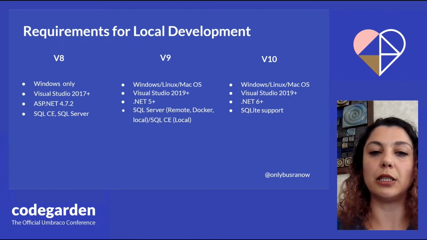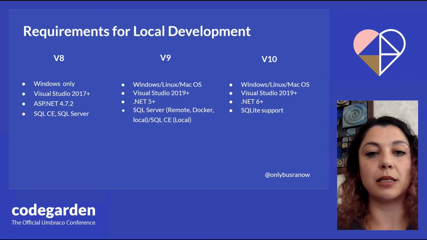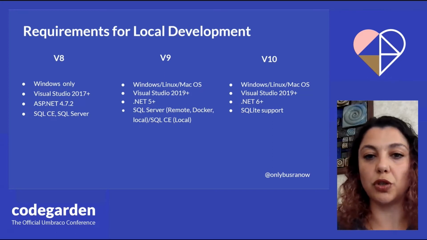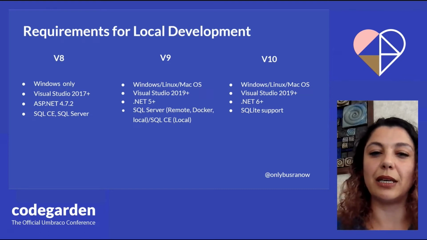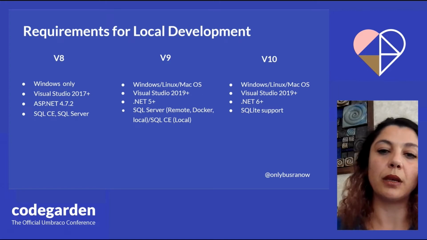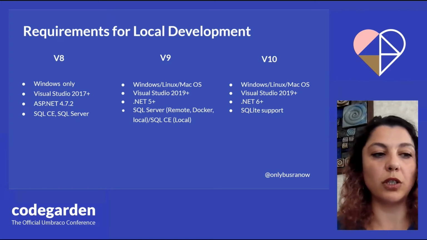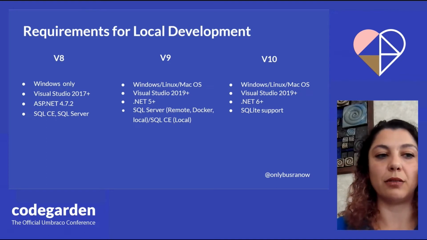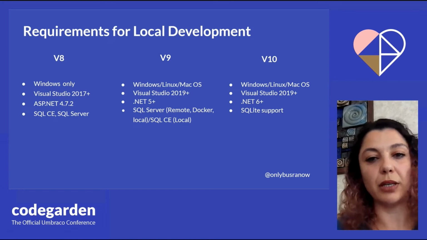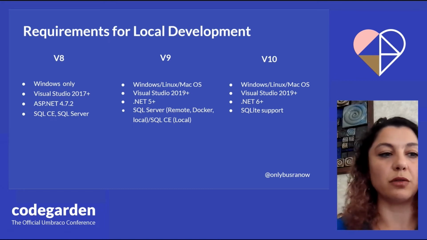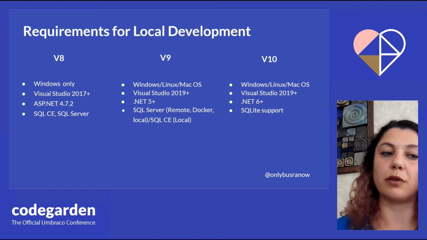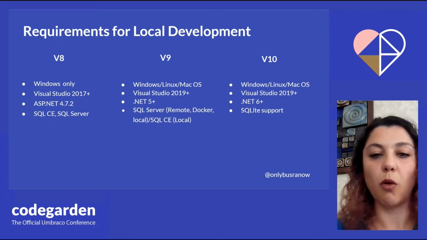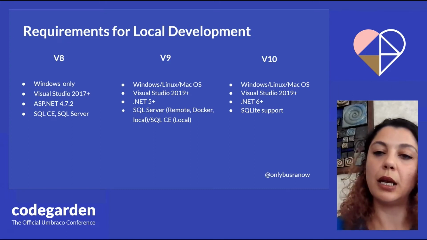With version 9, you can run your project on Windows, Linux, and macOS. You need Visual Studio 2019 and plus. You need the .NET 5 SDK. And you need SQL Server, either remotely or on Docker, because in order to run version 9 natively on a Mac or Linux, you can't run SQL Server as it's Windows only, but you can put your SQL Server in a Docker container to run, or remotely, or use SQL CE locally.